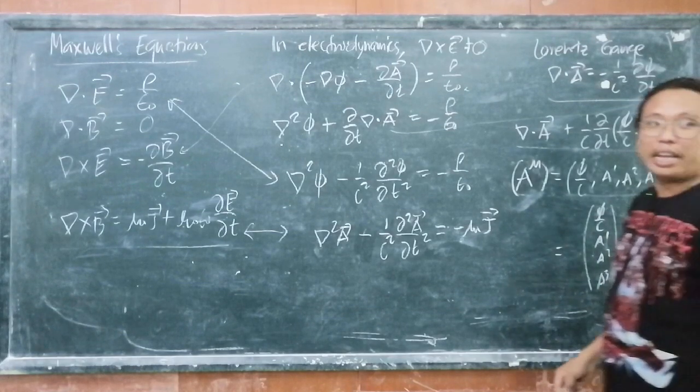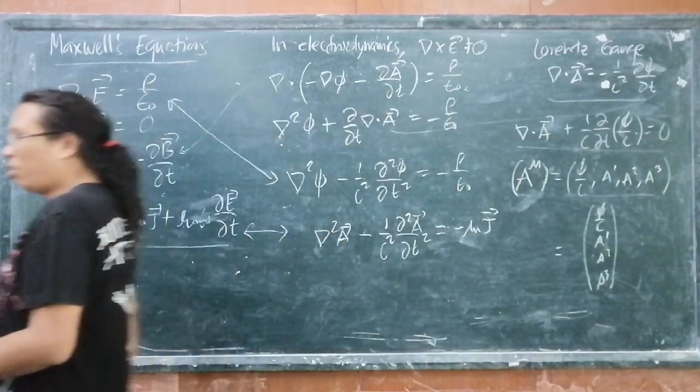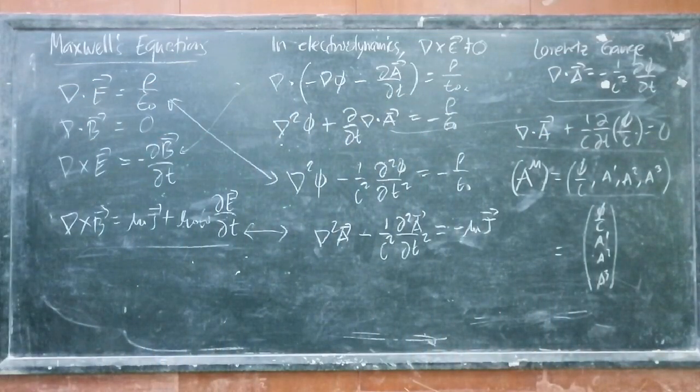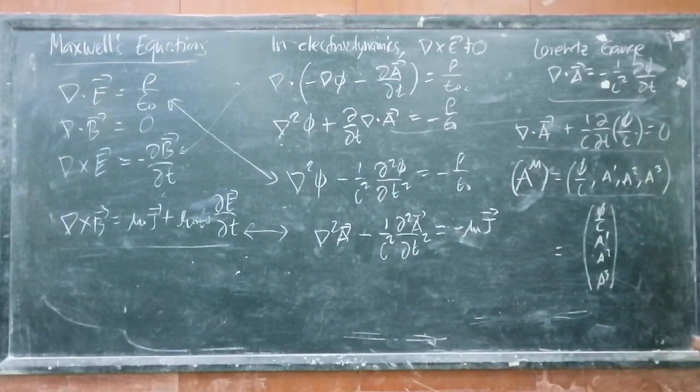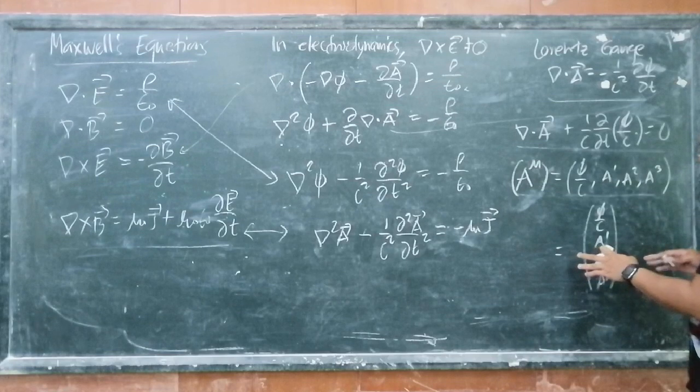This is a contravariant vector, a first rank contravariant, type (1,0) tensor.